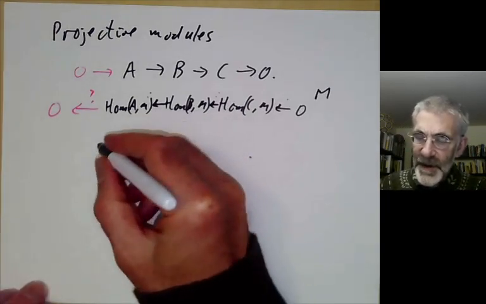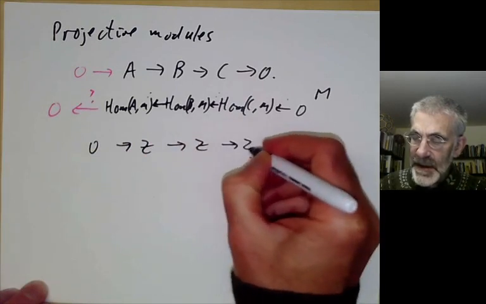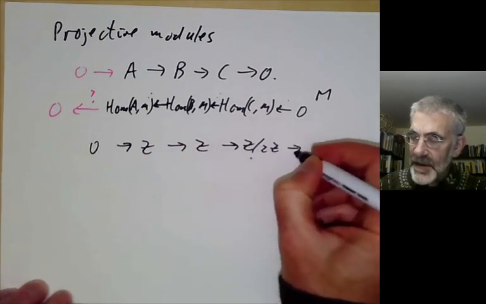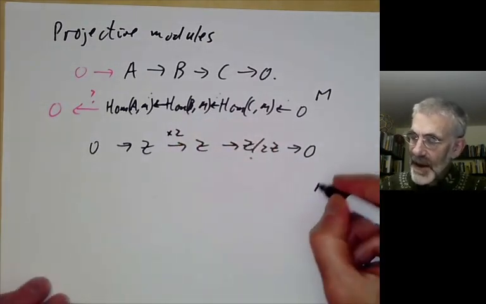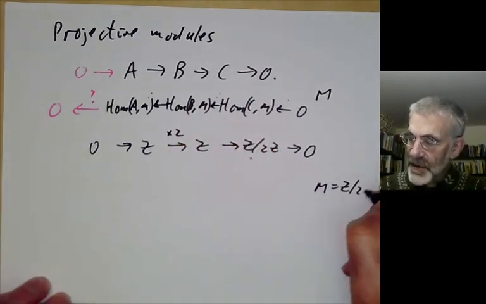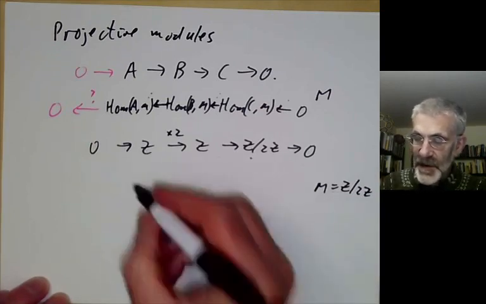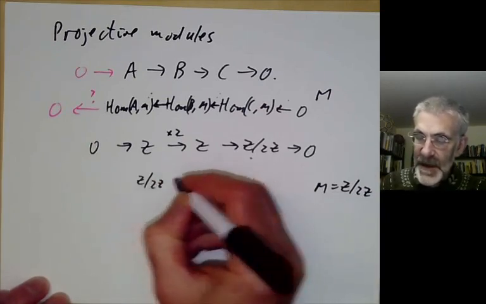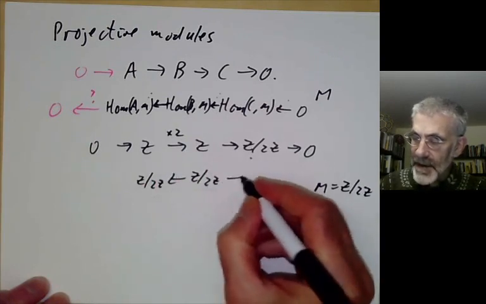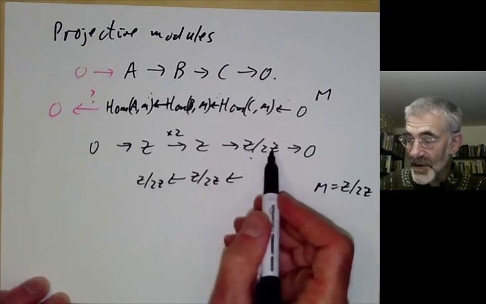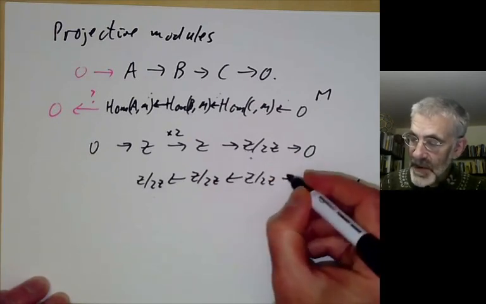For example, if we take 0 goes to Z, goes to Z, goes to Z over 2Z, goes to 0, where this is multiplication by 2, and we take M to be Z over 2Z, well, the homomorphisms from Z to Z over 2Z are just Z over 2Z, so we get this, and homomorphisms from Z over 2Z to itself are just Z over 2Z again, so we get 0 there.